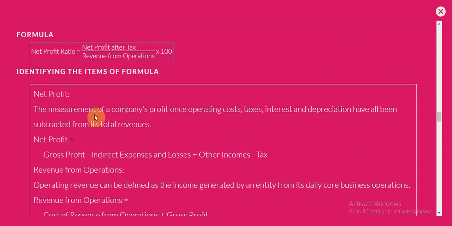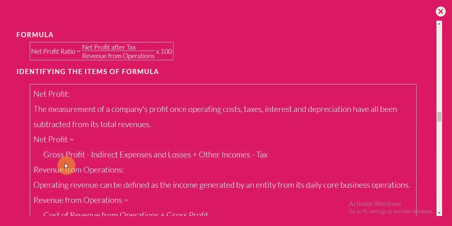Net profit is the measurement of a company's profit once operating costs, taxes, interest and depreciation have all been subtracted from its total revenues. So no matter if it is operating or non-operating, all of that does not matter here. The only thing that matters is net profit is after all of these expenses and even after tax.